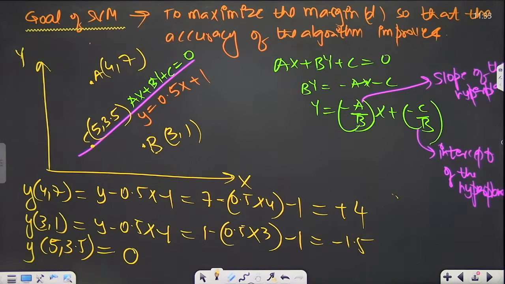So what does that mean? Any point on the hyperplane would give you a result of 0. Any point on one side of the hyperplane would give you a positive result, and all the points belonging to the other side would give you a negative result. So this hyperplane would act as a classifier that separates the positive class from the negative class.